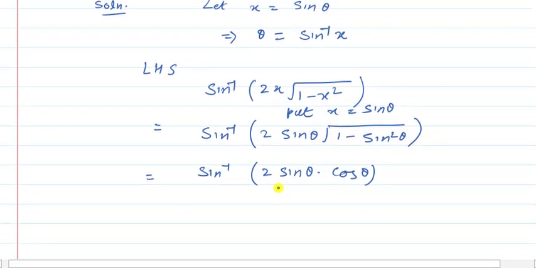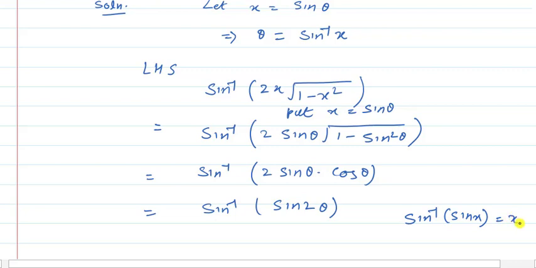So now we know that 2 sine theta cos theta is a very well known identity and it is sine 2 theta. Now we are at the point where we can write sine inverse sine x is equal to x, but the condition on x is that x should belong to the closed interval minus pi upon 2 to pi upon 2.